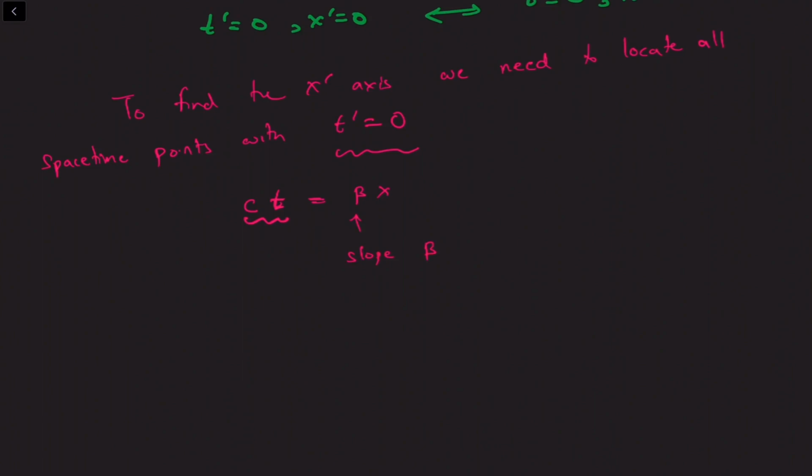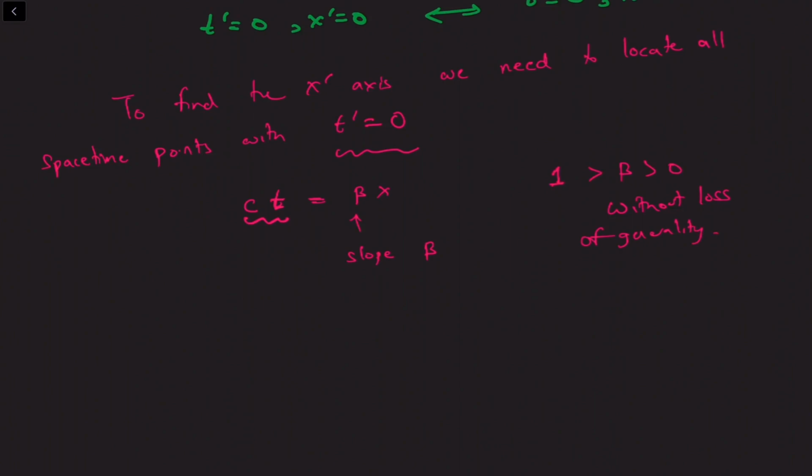Let's assume that beta is positive without loss of generality. That is, the frame S prime is moving in the positive x direction. And we know that the speed has to be less than 1. So beta is less than 1.